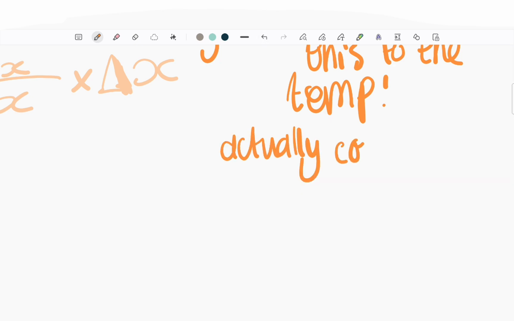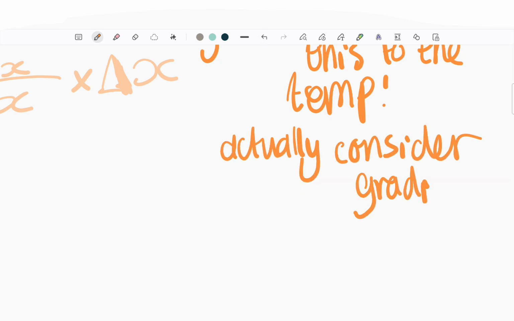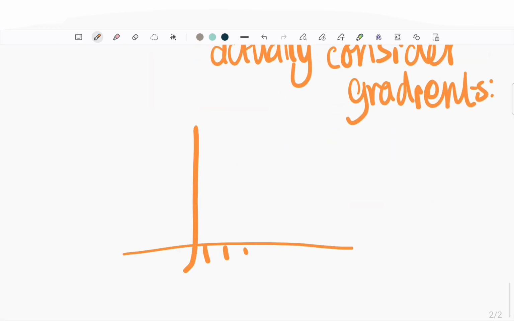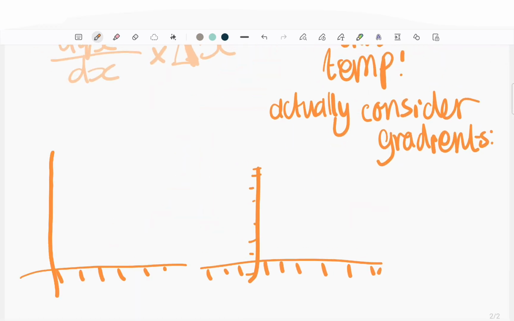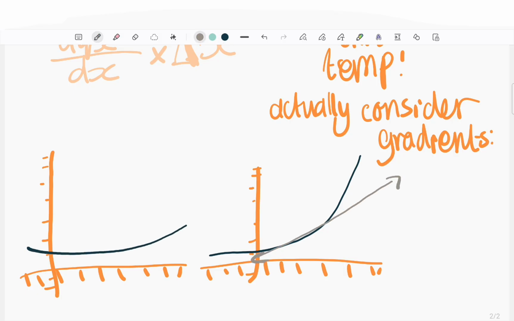This law basically says that the heat flow is proportional to the temperature change, so basically the derivative of the temperature across that distance x. Here are a few examples of graphs showing how the gradient changes.